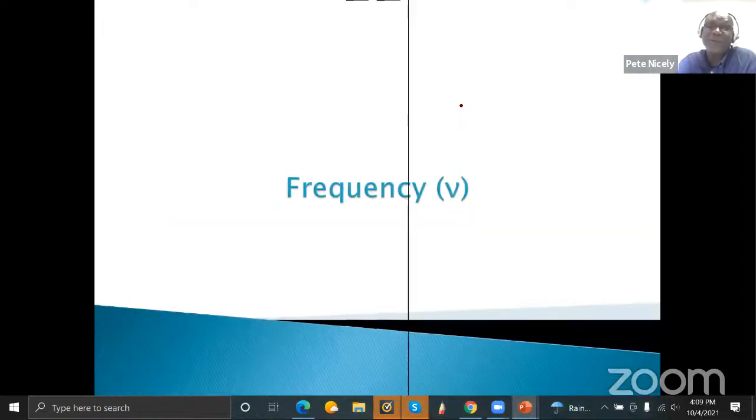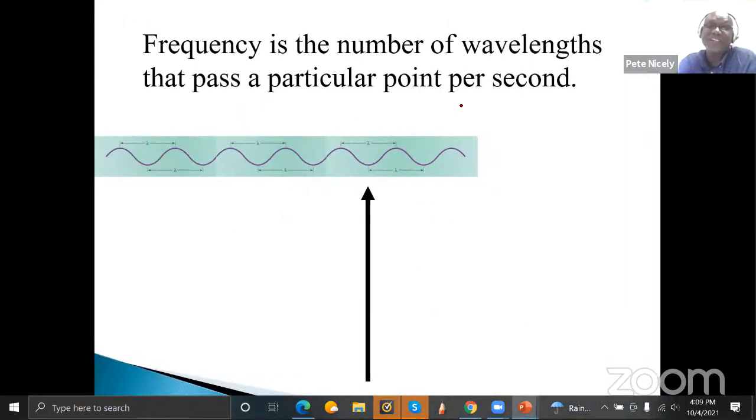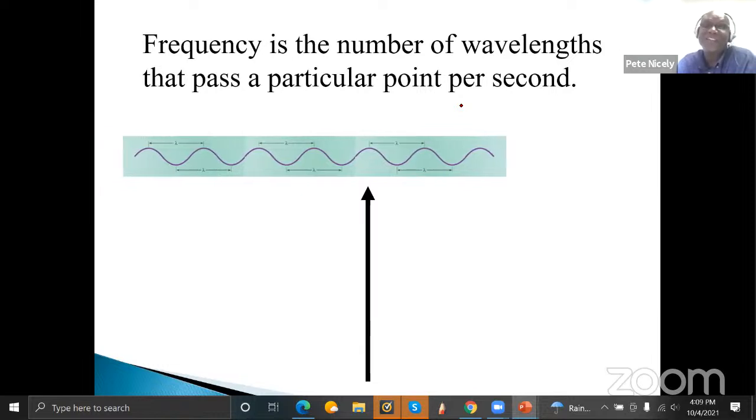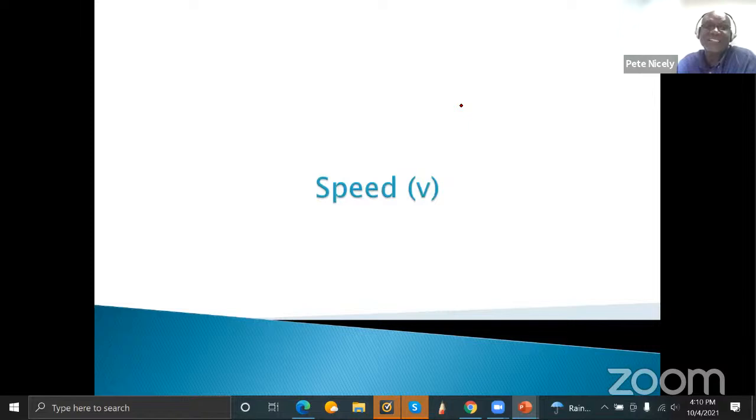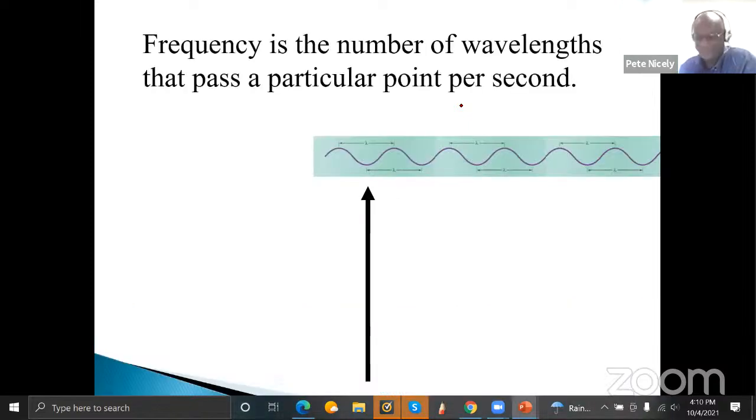Now, as far as the frequency is concerned, because of the definition here, which is the number of wavelengths that pass a particular point per second, the unit of frequency is seconds to the minus 1. So I'm writing this down here. So the unit of frequency is seconds to the minus 1.